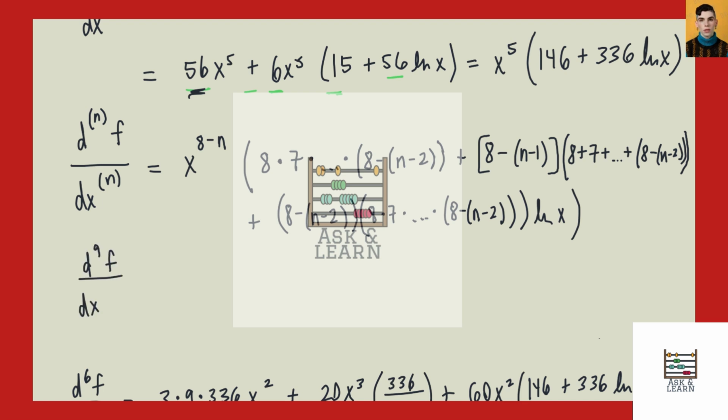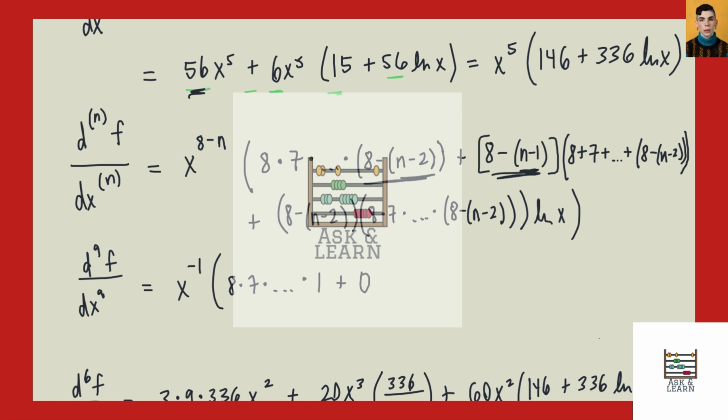Okay, we have x to the 8 minus 9 power. 8 minus 9 is negative 1. Okay, multiplied by 8 times 7 times ... times... Okay, now let's look here. We have 9 minus 2, that's 7. So 8 minus 7 is 1. Okay, and then we add 9 minus 1 is 8, so 8 minus 8 is 0.